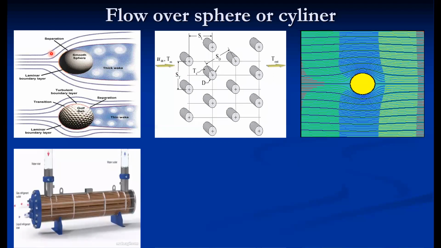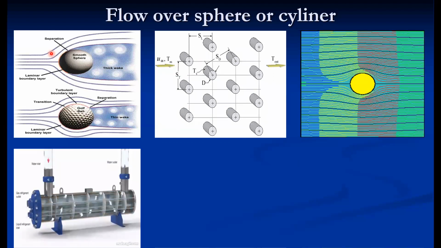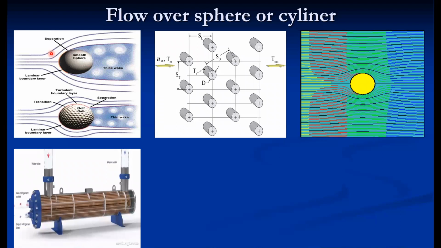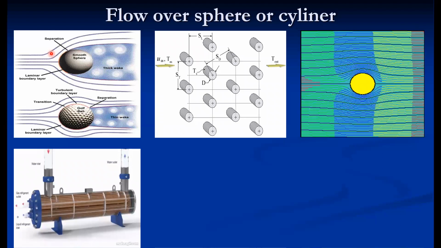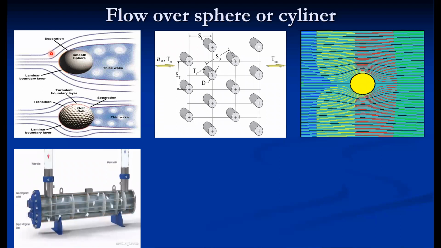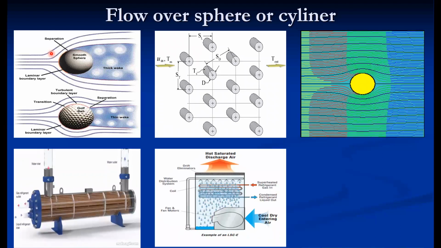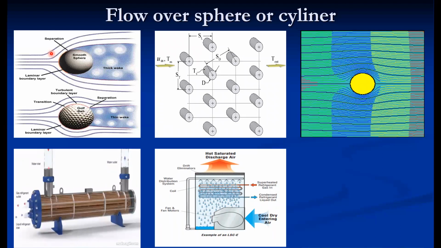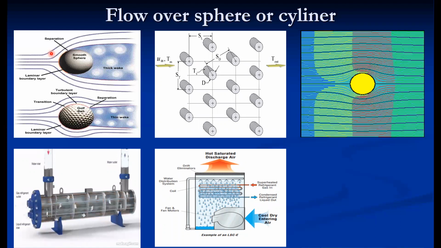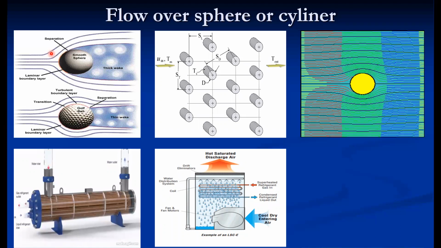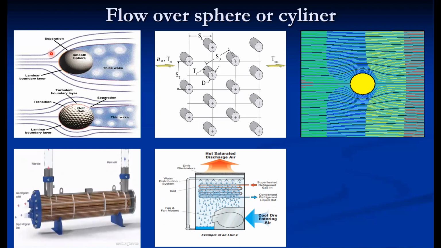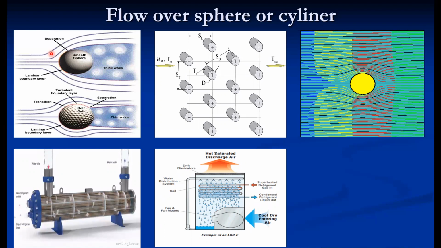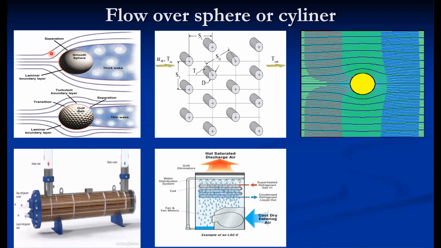For example, in a shell and tube heat exchanger, the flow takes place across tube bundles. So this is a case of flow over a cylinder. Similarly, in a cooling tower, the flow over the coil surface or bundle of coils is again an example of flow over a cylinder.